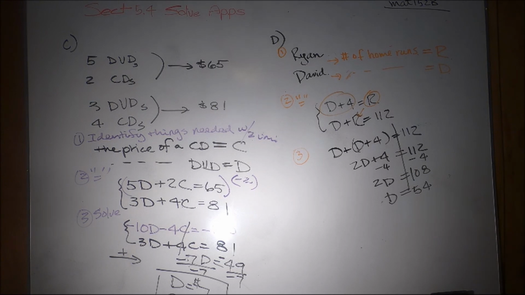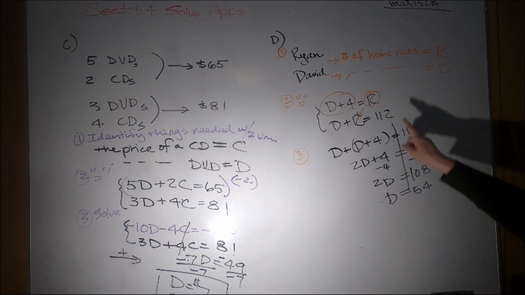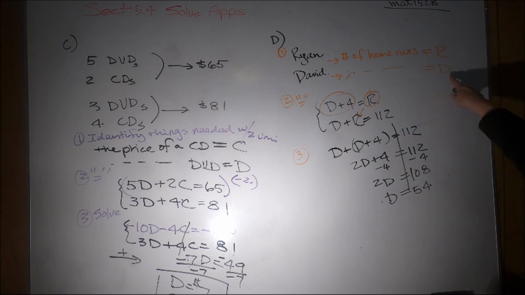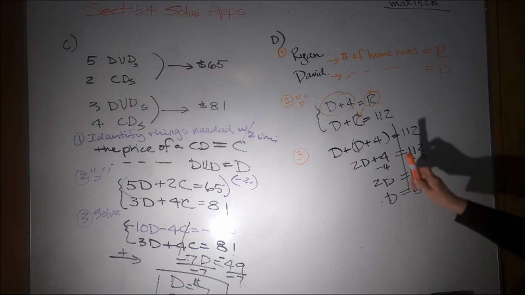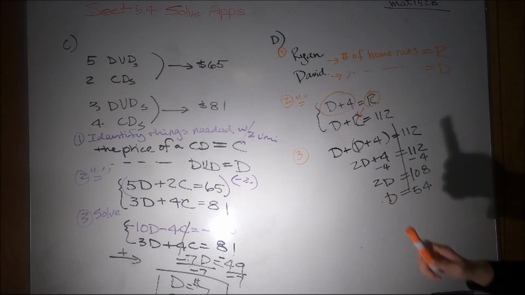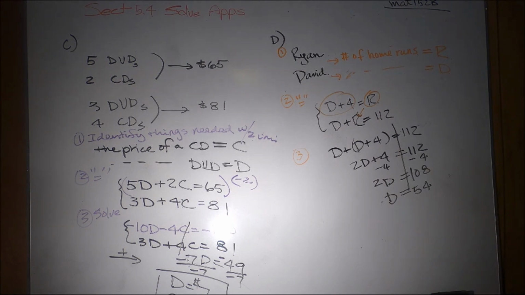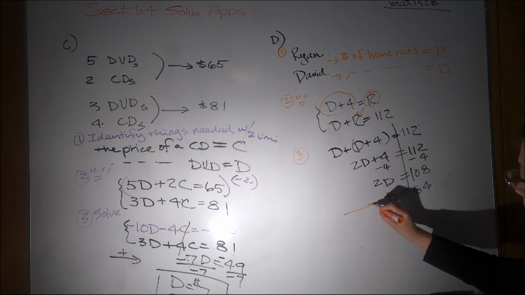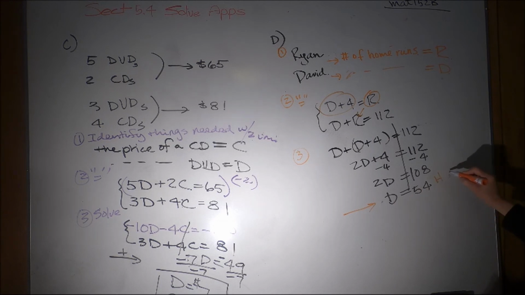What does 54 mean? Dollars? Goats? Not really. You need to go back. Take a look. What does D mean? D means the number of home runs for David, right? So that's the home runs.